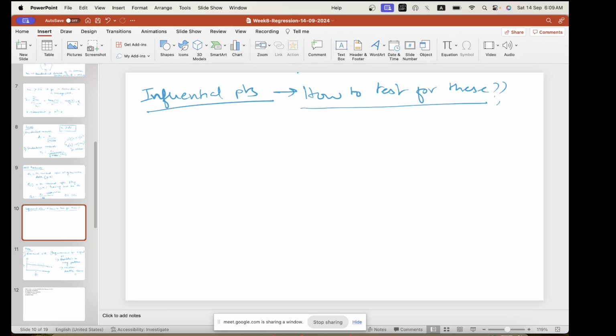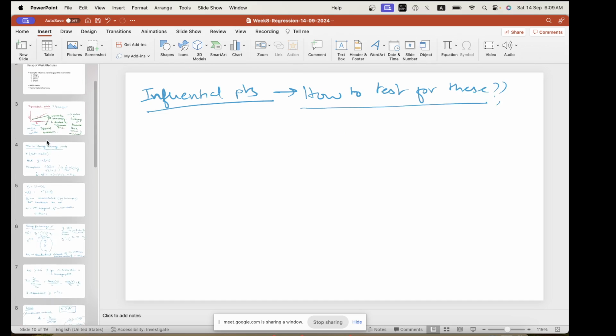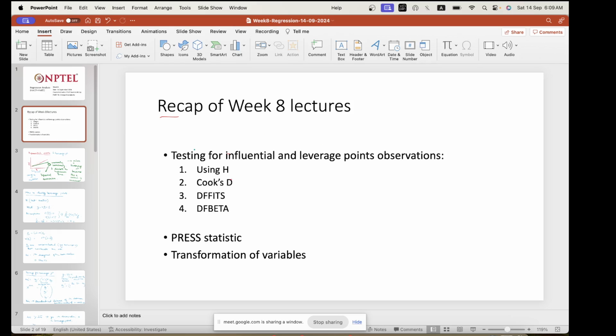Okay, so coming back here, there are too many ways to test for this. Using H is for leverage, as we have seen, and these would determine if it is an influential point or not. So we'll discuss these statistics one by one.